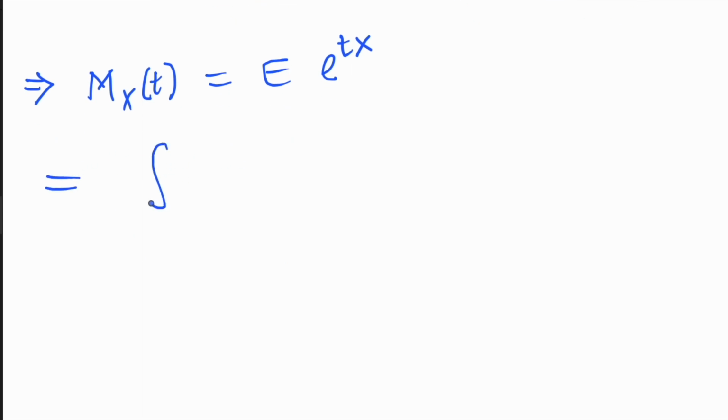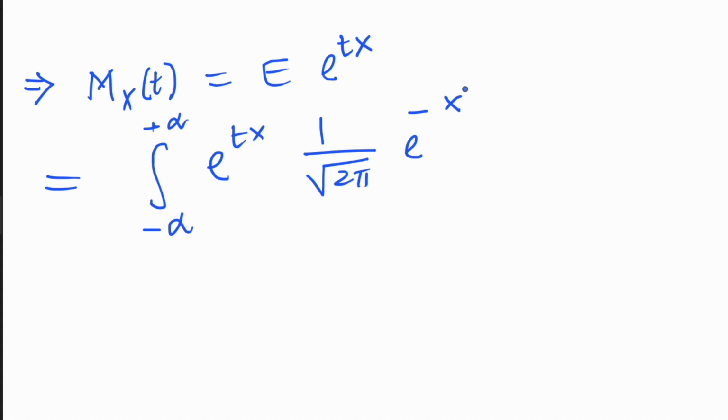So we know that it is the integral from minus infinity to plus infinity of e to the power tx times the distribution of x. What is the distribution of x? 1 by root 2 pi e to the power minus x square by 2 dx.